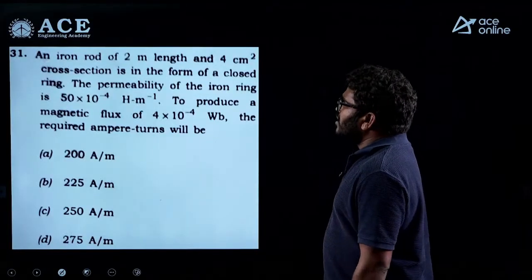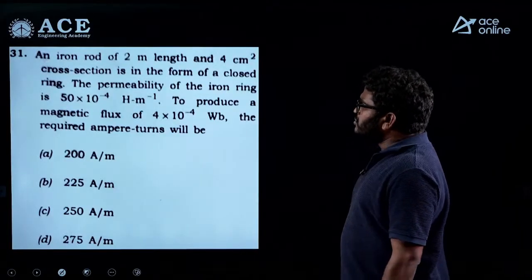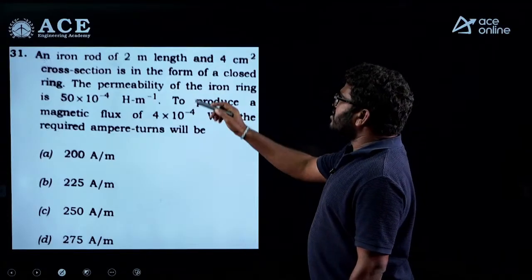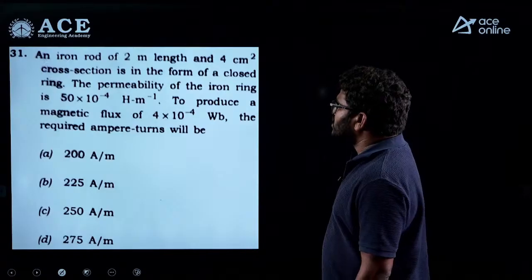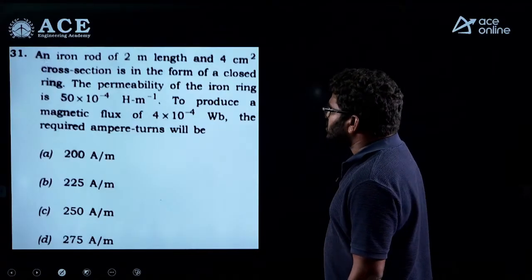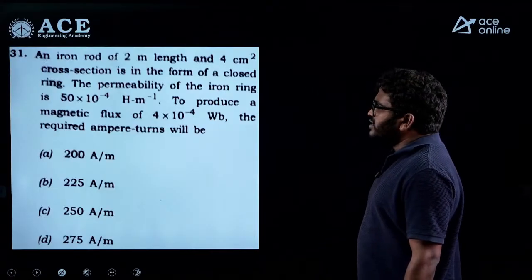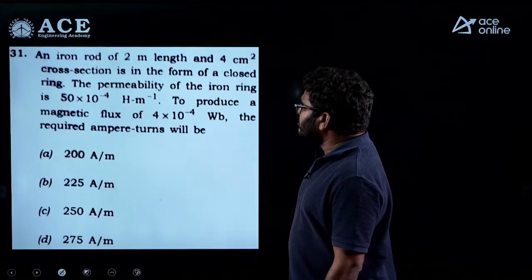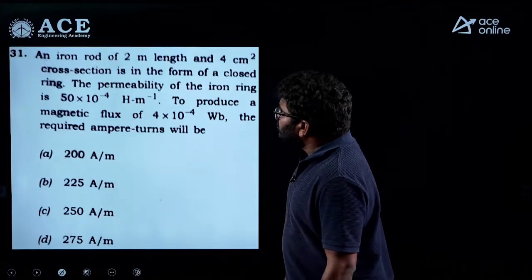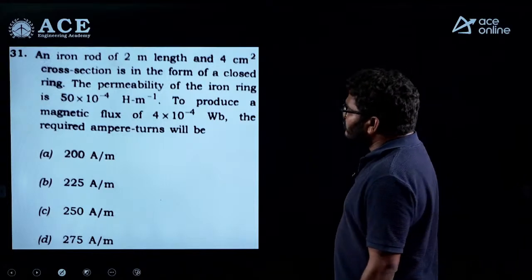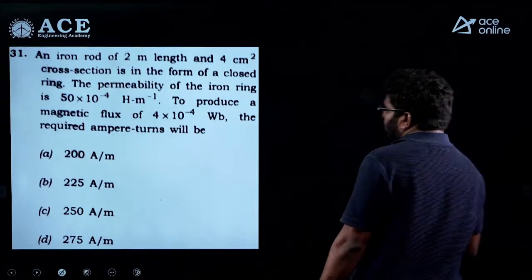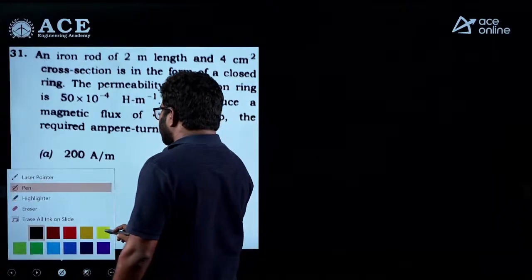Next is related to magnetic material. An iron rod of 2 meter length and 4 centimeter square cross-sectional area is in the form of a closed ring. The permeability of the iron is 50 into 10 power minus 4 Henry per meter. To produce a magnetic flux of 4 into 10 power minus 4 Webers, the required ampere turns will be? It is a very simple question.